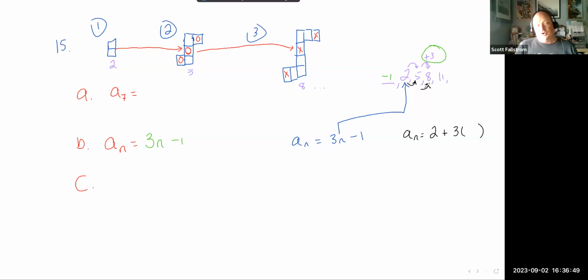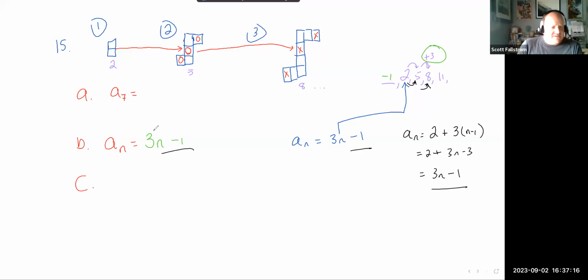But that'd be 2 total, but that's the third term, and that's why we always have the n minus 1. If you distribute and then simplify, so 3n and a plus 2 and a minus 3 would get you a minus 1. So I want you to see that they are all the same at the end of the day.